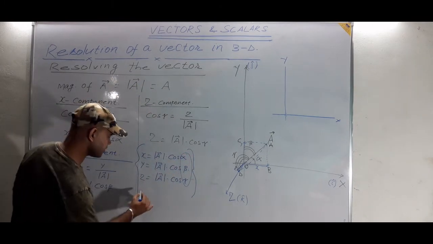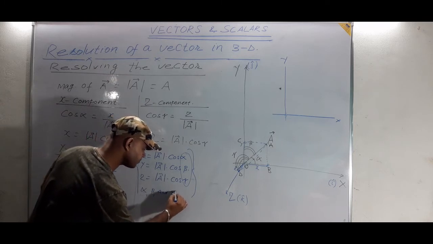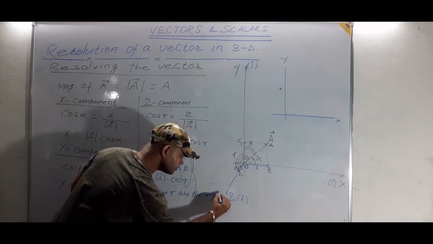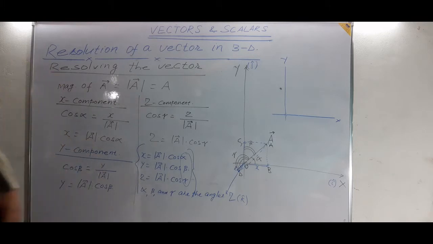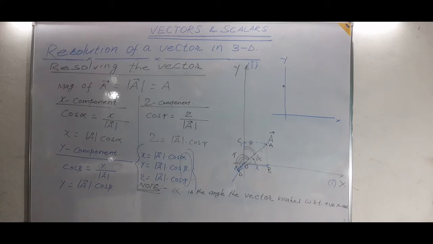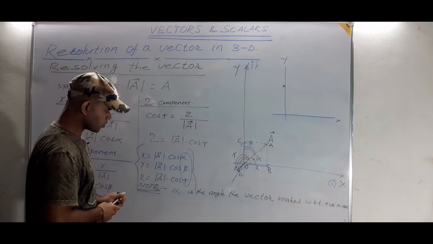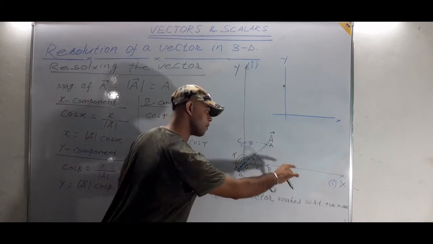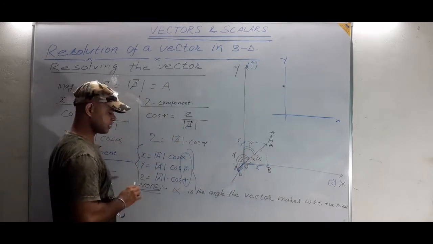So here I am writing, alpha, beta and gamma are the angles the vector makes. This point is important to note: alpha is the angle the vector makes with respect to the positive x-axis. You have to measure with respect to the positive x-axis.